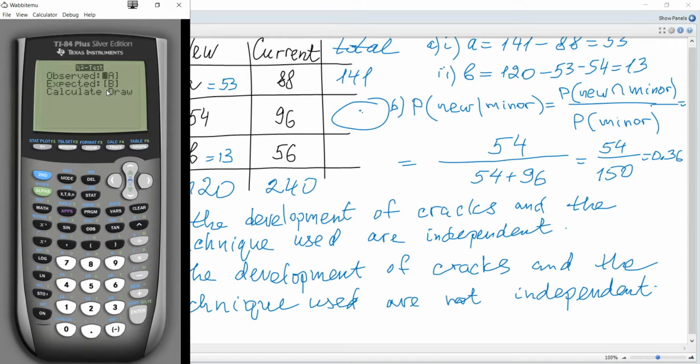In general, you may be asked to find some expected values. You can get expected values from matrix B, but you remember that expected can be calculated as total row multiplied by total column divided by the grand total. And if expected is less than 5, you should combine some columns or rows in general.